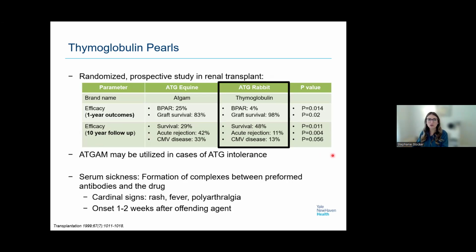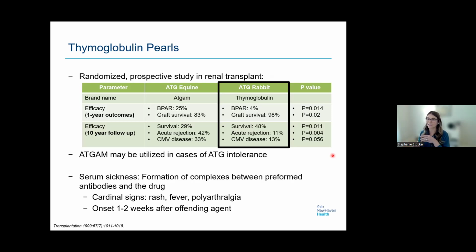The other pearl to take away with thymoglobulin use is serum sickness is one of the potential side effects. So serum sickness is the formation of complexes between preformed antibodies and then the medication itself. And what is really interesting is this onset is usually about 1 to 2 weeks after we give the drug.